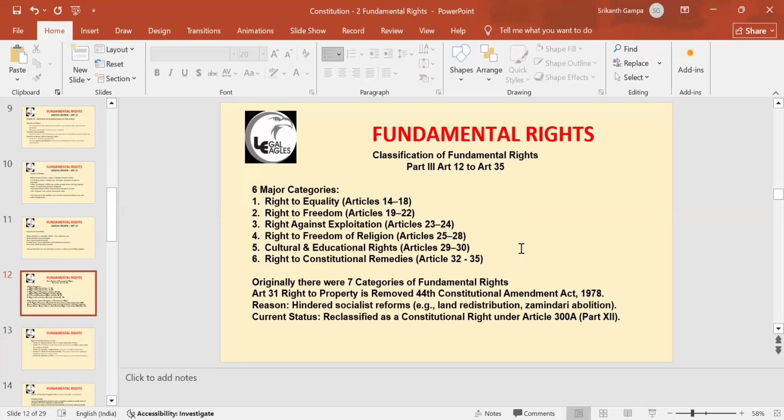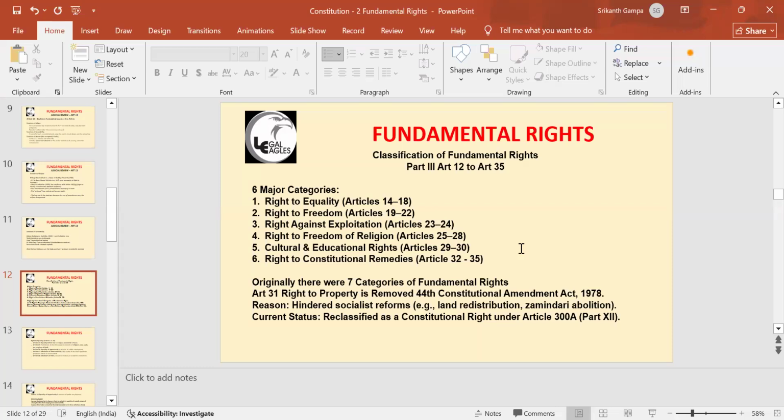Now, fundamental rights start from Part 3, Article 12 to Article 35. Not all are fundamental rights. Actual fundamental rights start from Article 14, that is right to equality. So 12 and 13 have nothing to do with real fundamental rights, but Article 12 is the definition of the state, which has the duty to protect the fundamental rights.